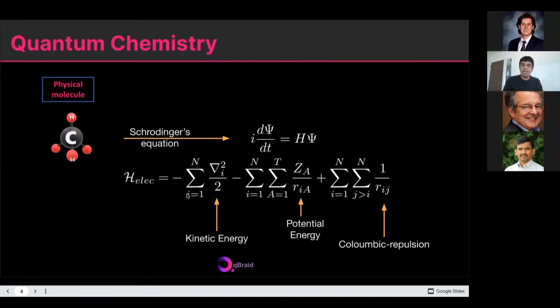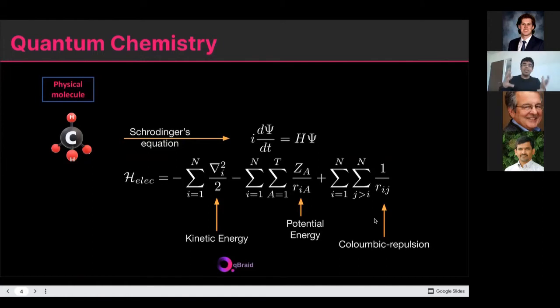So you have the kinetic energy of the electrons, minus the potential energy, plus the Coulombic repulsion. Electrons carry negative charge, and from your high school physics, you may remember that two electrons repel each other.